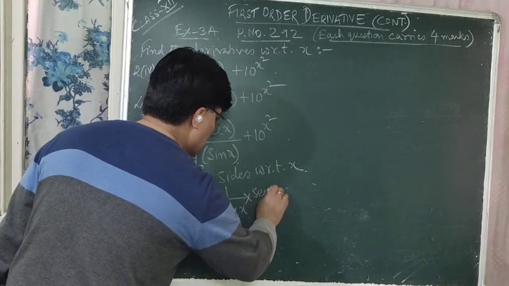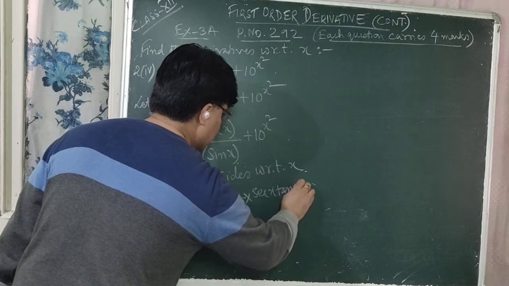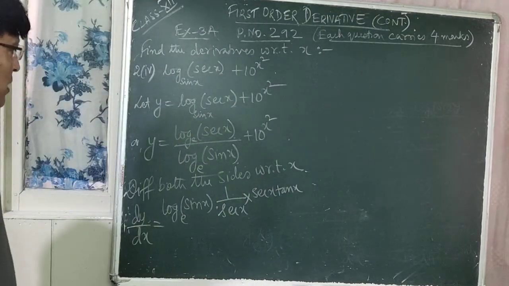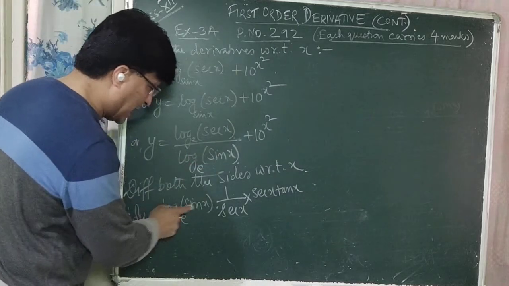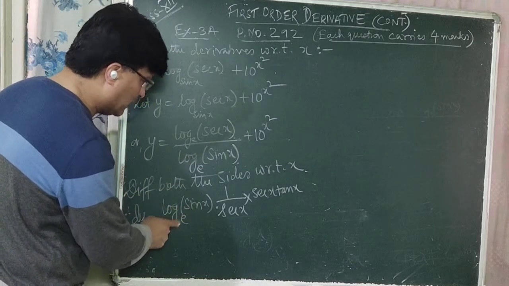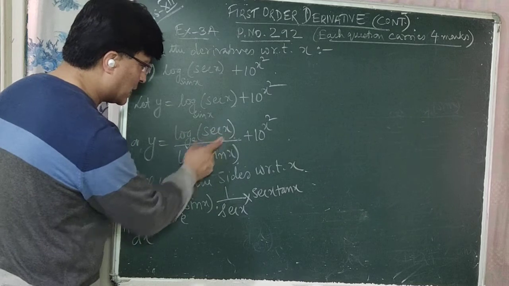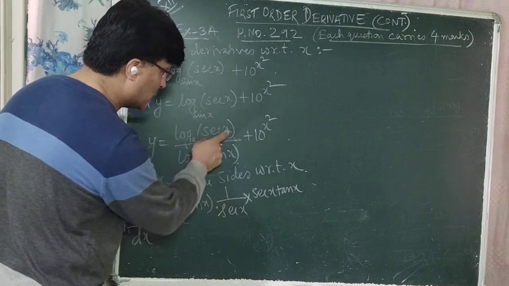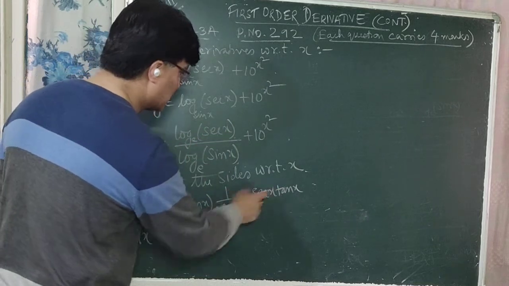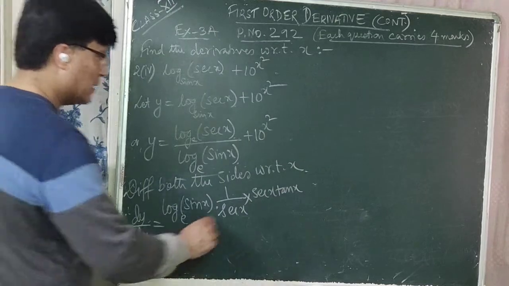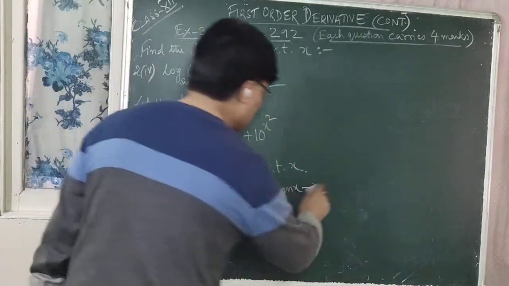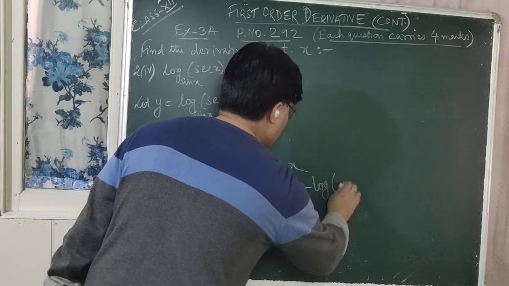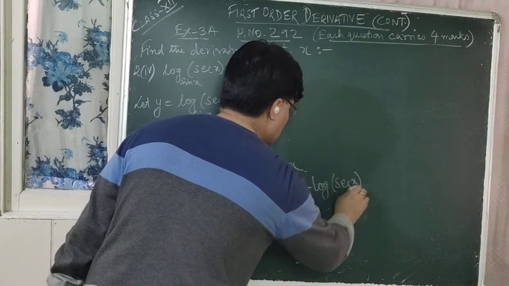What is it? Sec x tan x. Log sin x is kept as it is. Then comes minus sign.